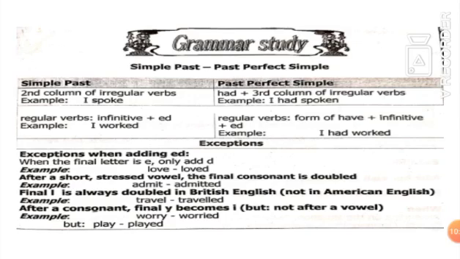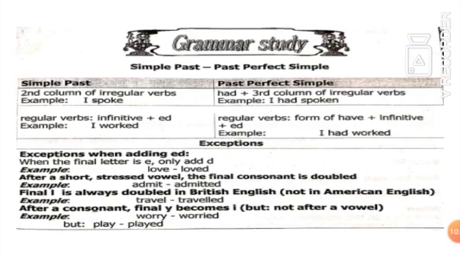Admit here ends in T. T is a consonant letter and it is preceded by I, which is a stressed vowel. So we double the last letter, double T, before adding ed. Pay attention also that final L is always doubled in British English, but not in American English, like the verb travel. When we want to put the verb travel in the past, we double the L before adding ed.